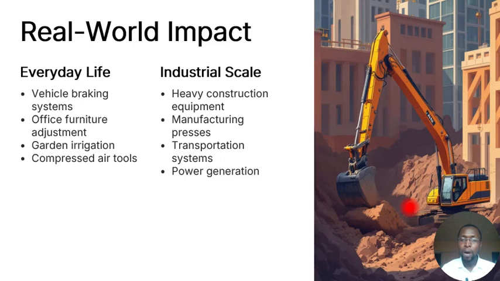Okay, now real world impact. In everyday life, we use it in our braking system, we use it in our offices for our seats, we also use it in our garden irrigation, we use it in our compressed air tube, and for the industrial aspect, it is used for construction equipment, it is used in manufacturing presses, it is used in transportation systems and power generation.